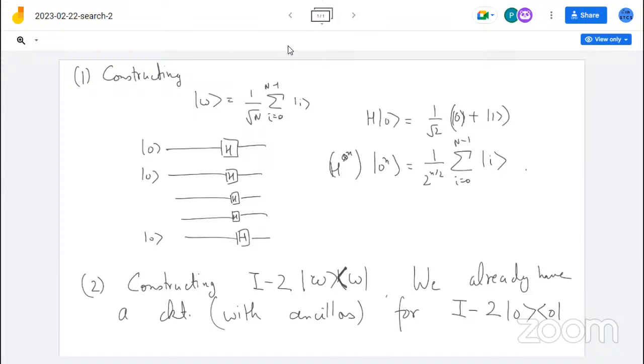Another fact is that it is its own inverse, which we need to check. So you can do H tensor n, then I minus 2 0 0, then H tensor n. Yeah, so that essentially works.